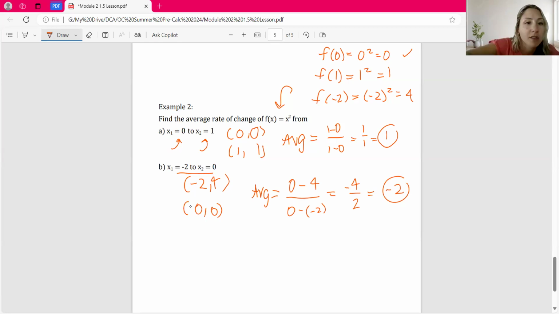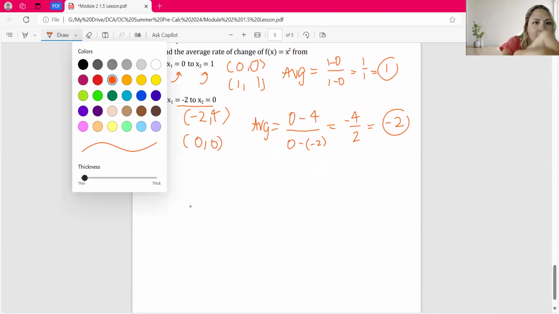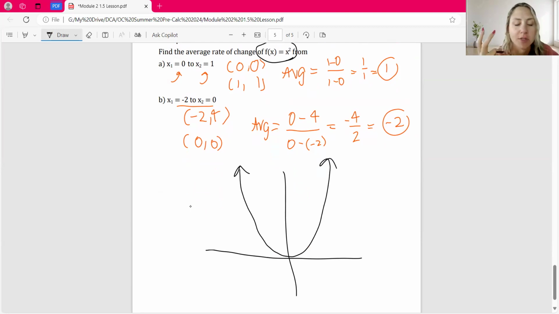And I just want to compare these two slopes, and then we're all done with this lesson. Let's think about, because we can all visualize this graph, right? That's a parent function, f of x equals x squared. We have a quadratic function, a parabola centered at 0, 0, the origin. Think about these x values right here, 0 and 1.